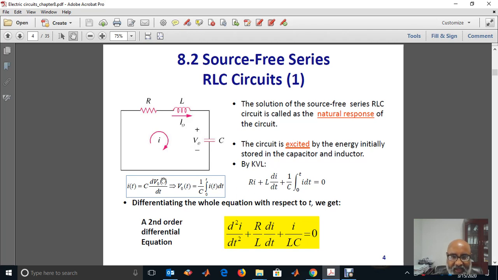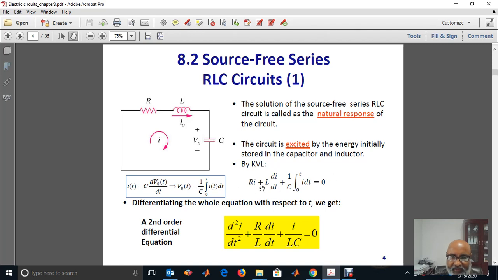So by applying KVL in this circuit, we have R times I, the voltage across the resistor, plus L di by dt, the voltage across the inductor, plus 1 over C, the integral of I dt from 0 to t, the voltage across the capacitor, equal to 0. Now, this equation is a mix of derivative and integration. So in order to have a differential equation, we take the derivative one more time of everything.